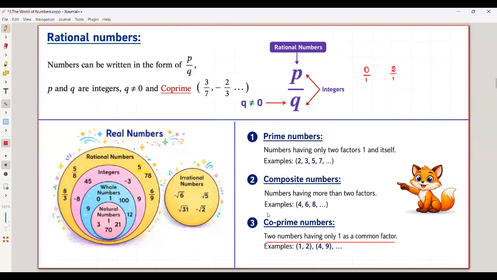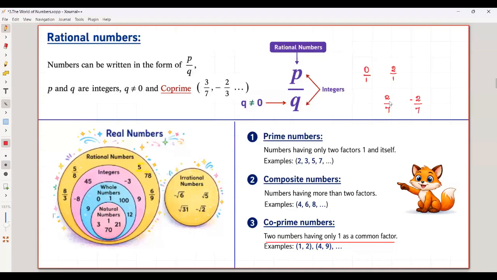Now my question is, a rational number can be written as p by q, that is numerator by denominator, and a fraction can also be written as numerator by denominator. So what is the difference between a rational number and a fraction? For example, 2 by 7 and minus 2 by 7.